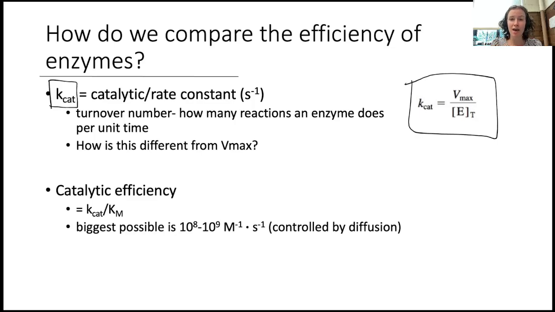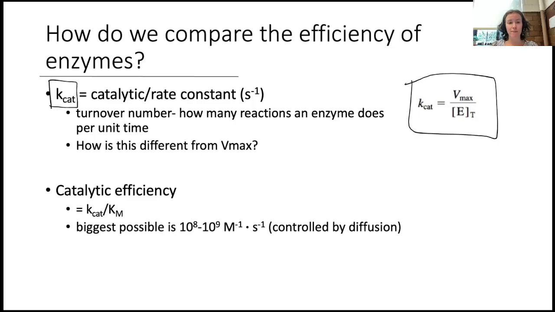So Kcat is what we'll use to kind of compare enzyme velocity, the catalytic or rate constant. Its unit is slightly different. It is just per second because we have divided moles by moles, so the molarity is out of the picture now. And so this really tells us how many reactions this enzyme can do per unit of time. And it is a better constant to use when comparing velocity.